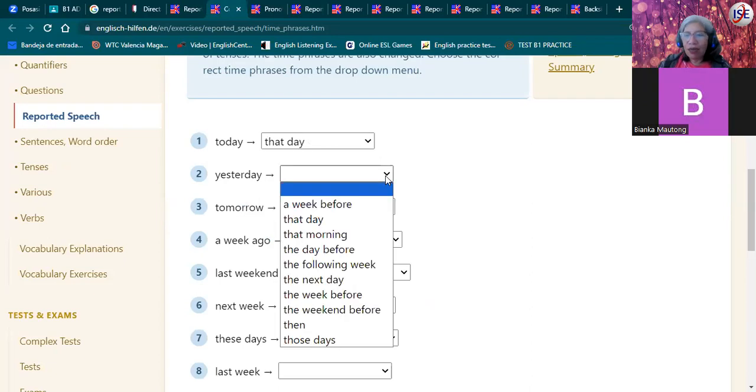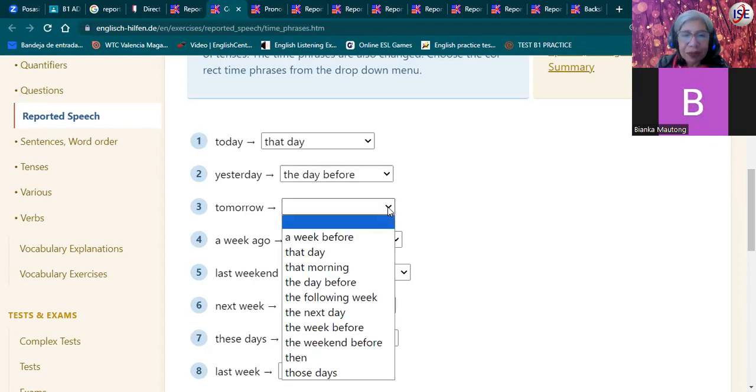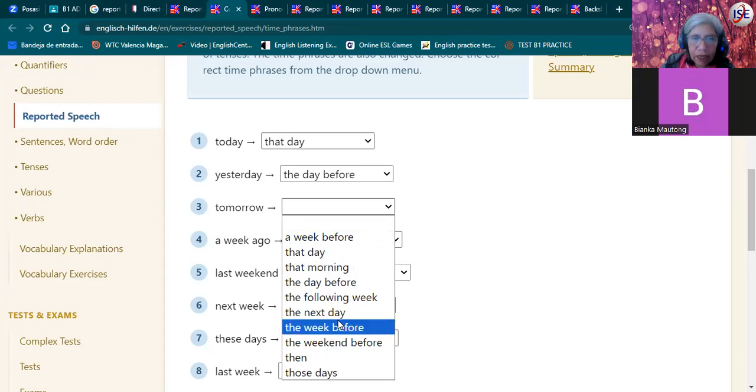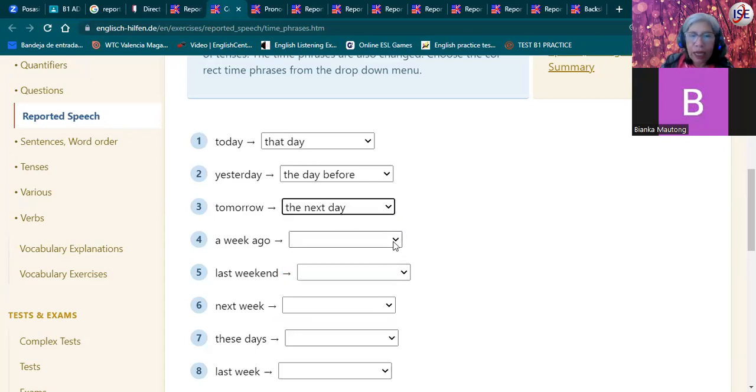So yesterday, which expression corresponds to yesterday in reported speech? The day before. Tomorrow? The next day. A week ago?